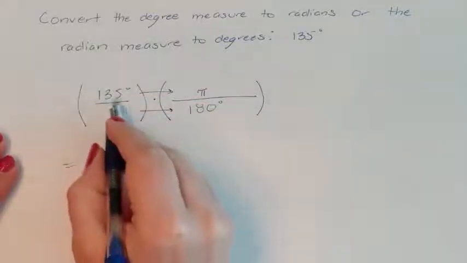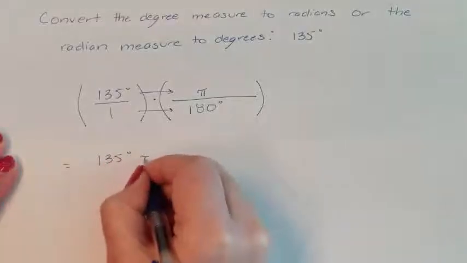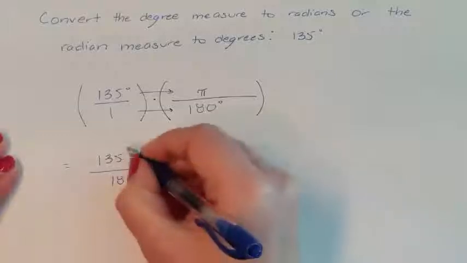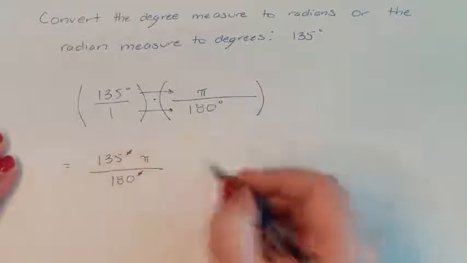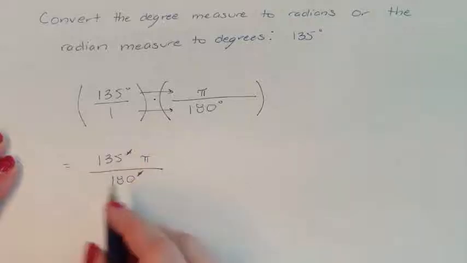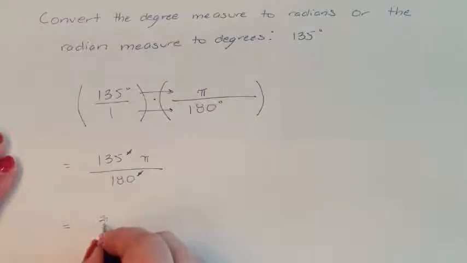So I have 135 degrees times pi, all over 180 degrees. The units of degrees cancel out with the units of degrees, so I no longer have degrees, I only have units of radians. Now I need to simplify 135 over 180. 135 over 180 simplifies to 3 over 4, so this is 3 pi all over 4.